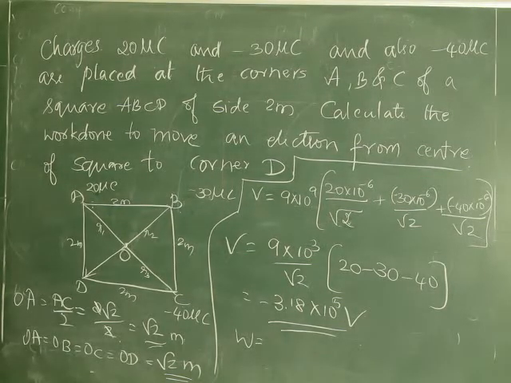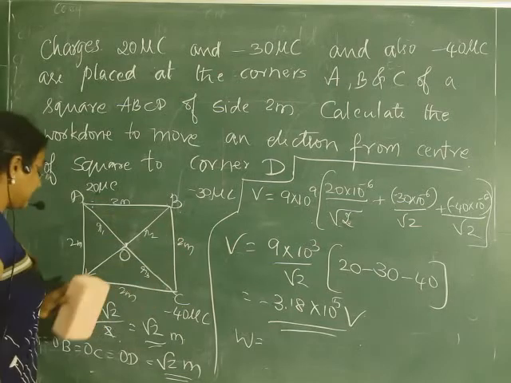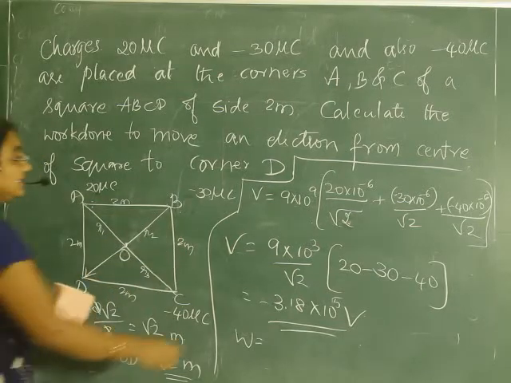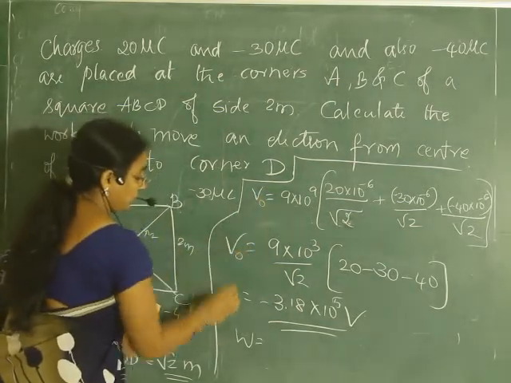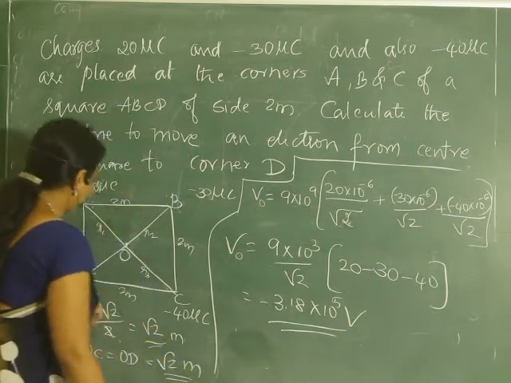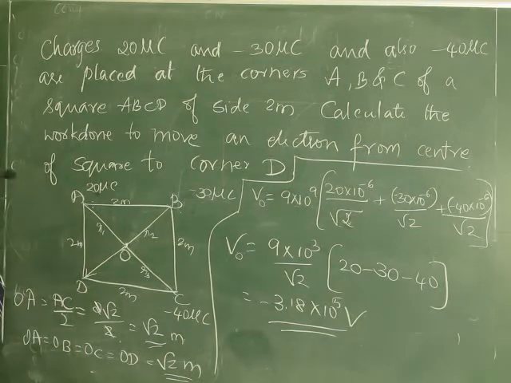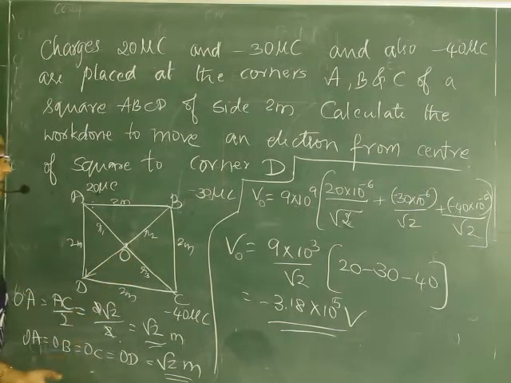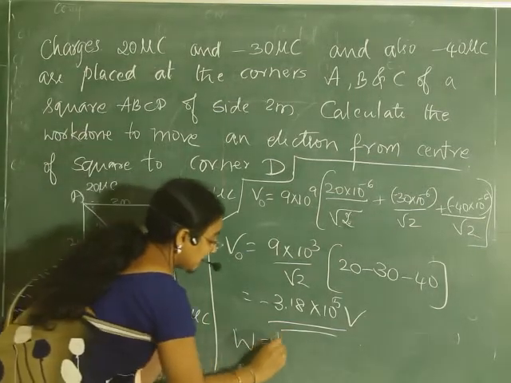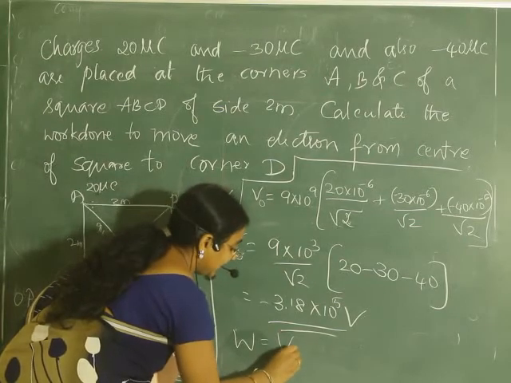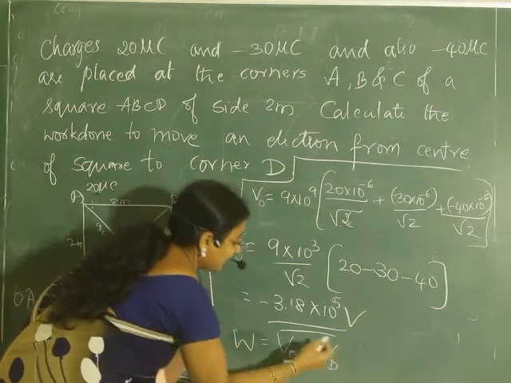First, we have to calculate the potential due to all charges at D. What is the potential due to all these 3 charges at D? This is the potential at O. Find out the potential at D. The difference at O and D will give you the work done in moving, because we know that work done is nothing but change in potential, that is VO minus VD.